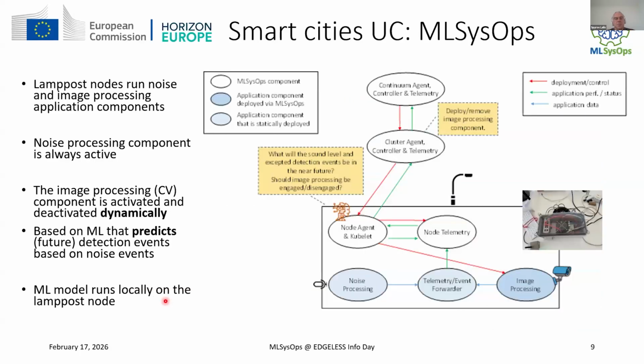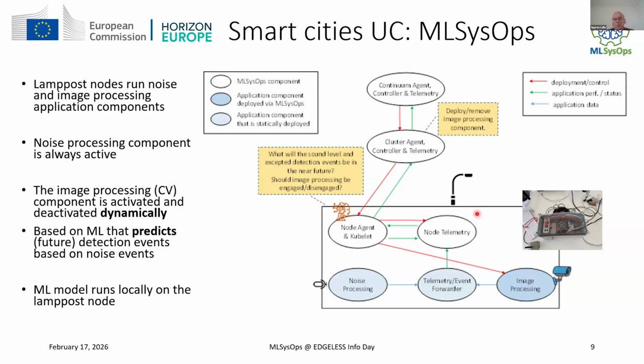How we did that is we used the MLSysOps framework through a special configuration for this use case, with the idea to run parts of the application on the smart lamppost node, which runs the image processing filters on the camera frames.